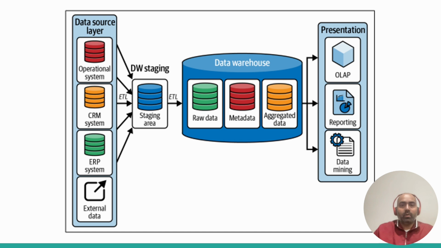Okay, now, as you can see here, like we discussed previously, there is a data source layer where data comes from, and then there's a staging layer, where the data gets dumped. Then from there, you do what we call ETL, extract, transform, and load, and then you have different stages there. So you take the raw data, put it in one place, and then do something on top of that, like for example, maybe clean it.